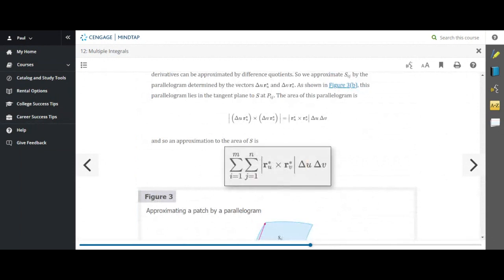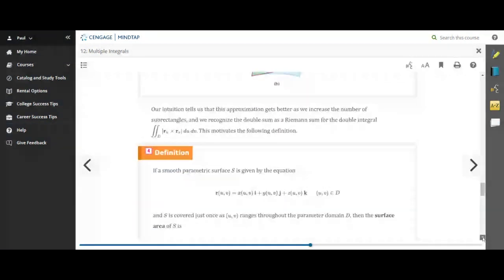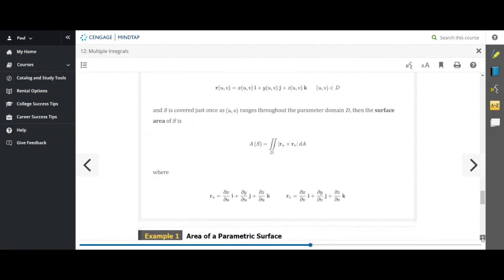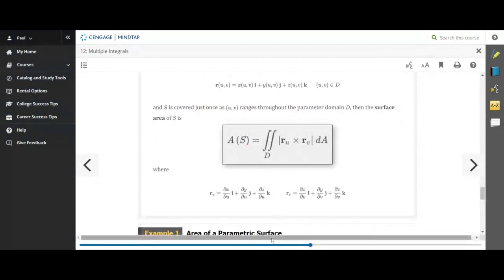There's that double Riemann sum, and it will turn into a double integral, and du dv would be your dA, your unit of area. And that gets us down to our definition. And so now you have a formula to find the surface area. And there it is.